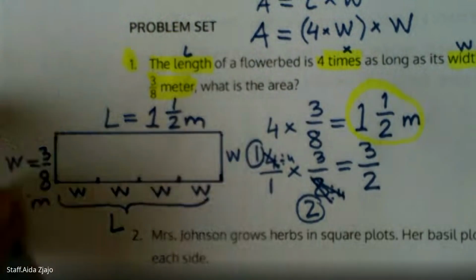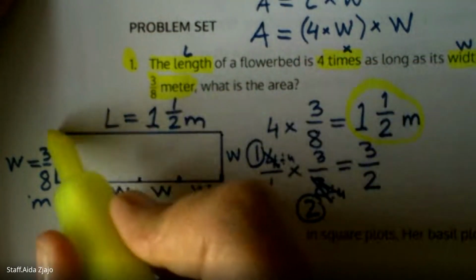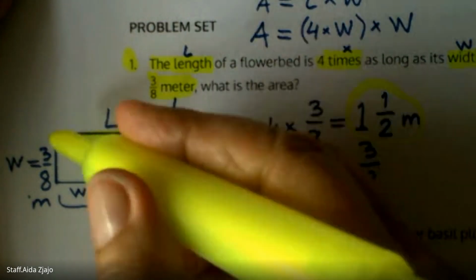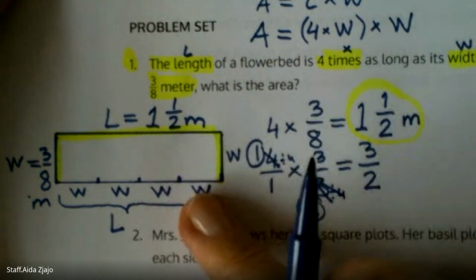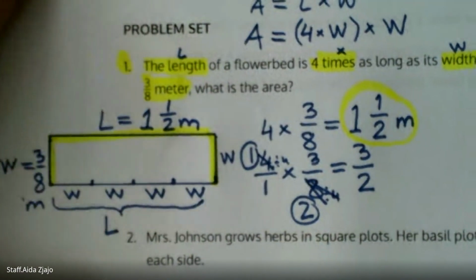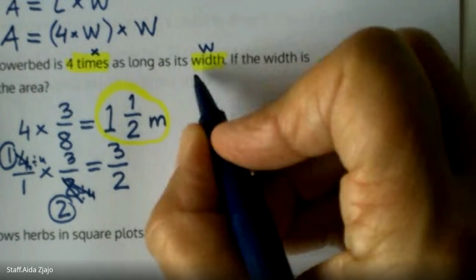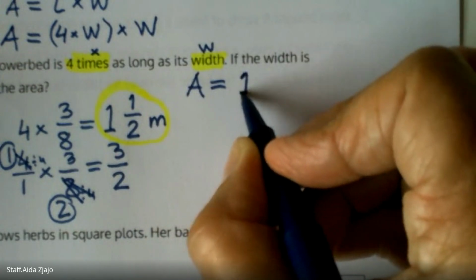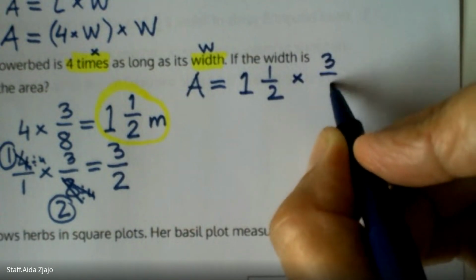When I have that, I can apply area equals length times width, or width times length, it doesn't matter. So 1 and 1/2 times 3/8. Now I'm going to say area equals 1 and 1/2 times 3/8.